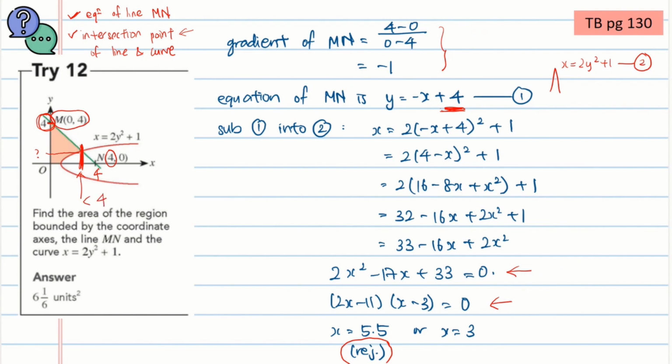Am I right? Therefore, between 5.5 and 3, I will have to reject 5.5 and accept x equals 3. That's how I go about rejecting x equals 5.5.